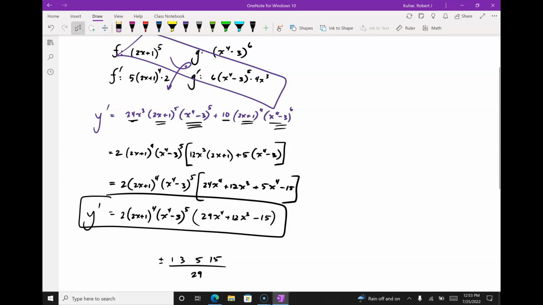I mean, I could do it with the quotient rule by just moving one factor down. It doesn't change it at all. You could definitely do that one we did last class with the quotient rule.